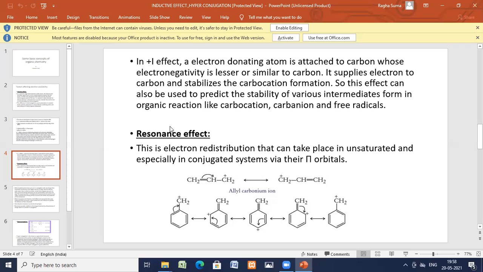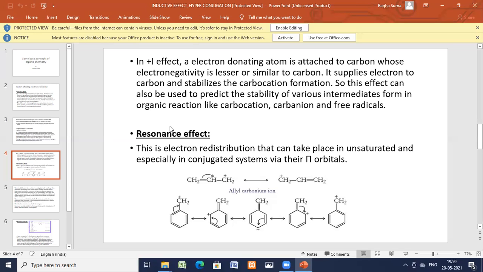And for the acid, if a plus I group, an electron releasing group, is attached, H plus ion is not lost because there is more electron density.